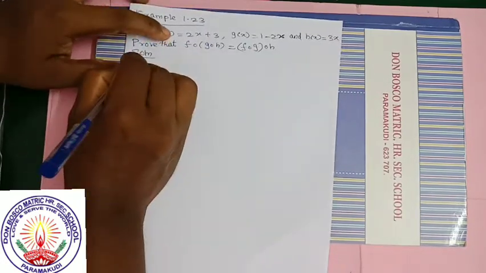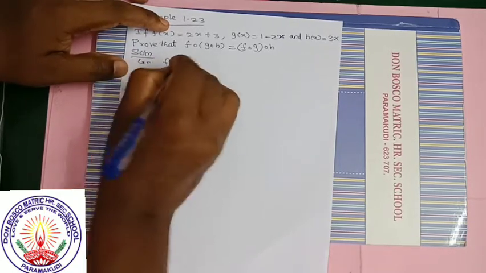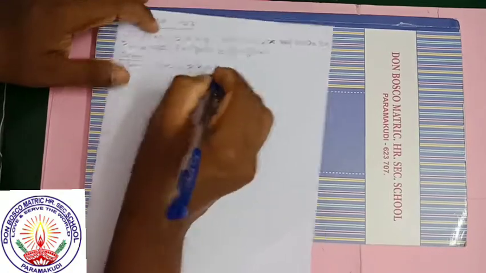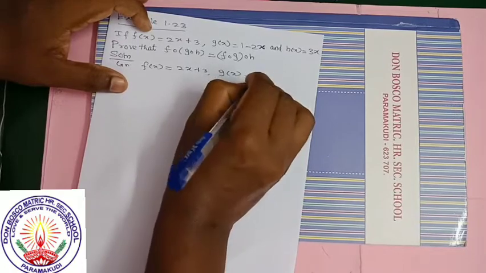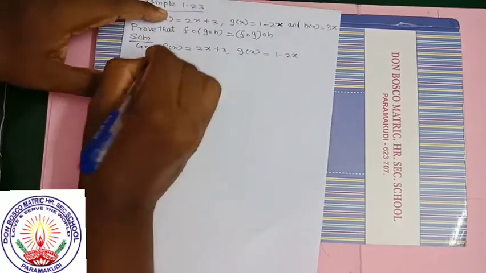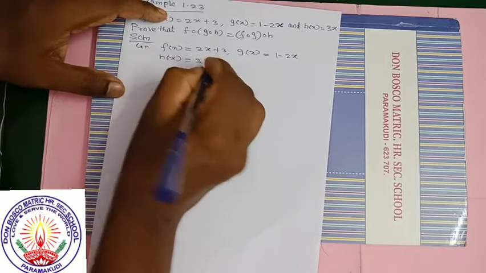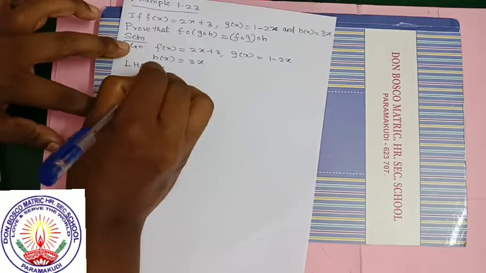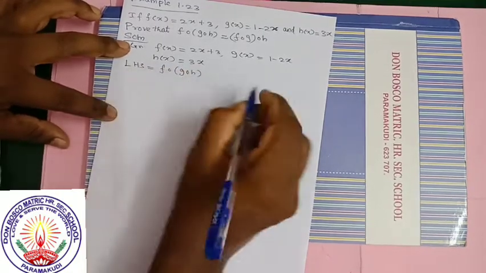First, what is given? The functions f of x defined by 2x plus 3, g of x defined by 1 minus 2x, and h of x defined as 3 into x. First, the left hand side. What is the left hand side? f composition g composition h.